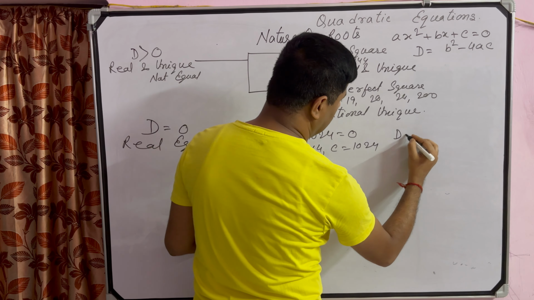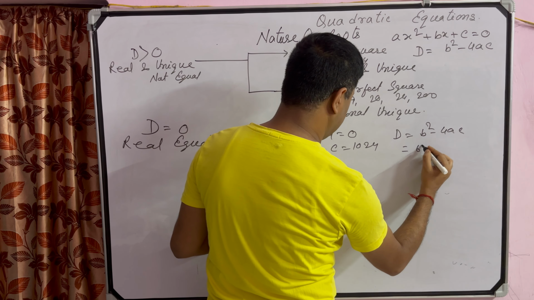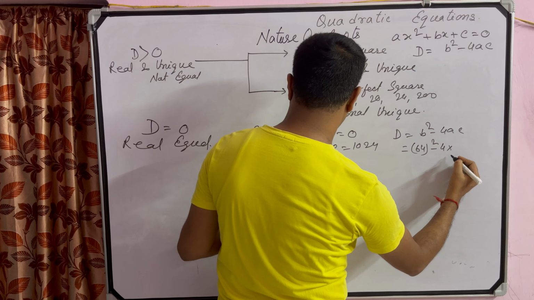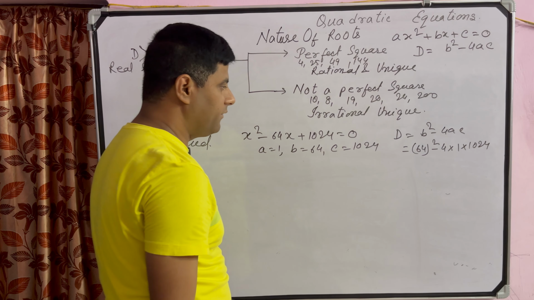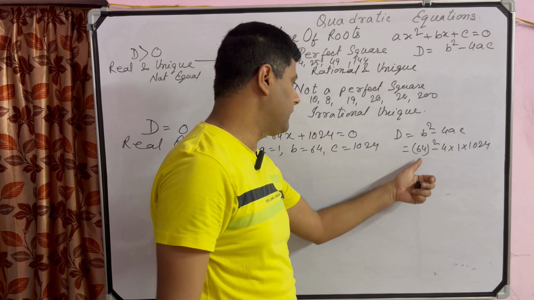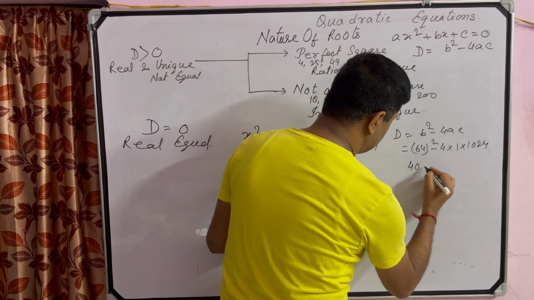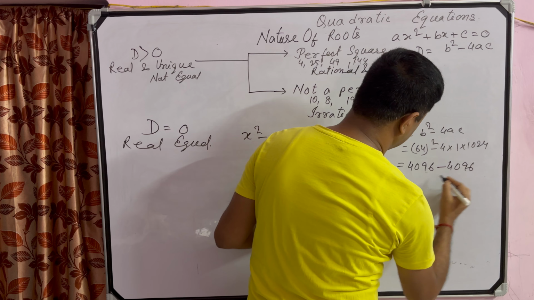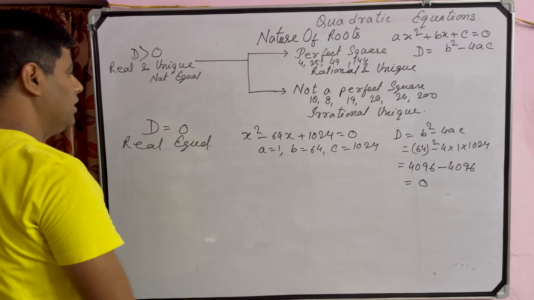Finding D equals b squared minus 4ac, it will be 64 squared minus 4 into 1 into 1024. What is the value of 64 squared? 64 squared will be 4096, and this is also 4096, so it comes to 0. This means in this case roots are equal.